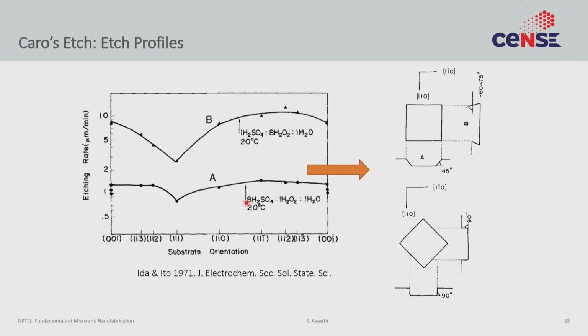You see the anisotropy, right? So anisotropy is from the fact that the etching rate in the 111B, which is this number, is different from 111A, which is this number. And you can also see the anisotropy in that the etching rate for 111B is different from the etching rate of 110B, right? So this number is different from this number is different from this number.